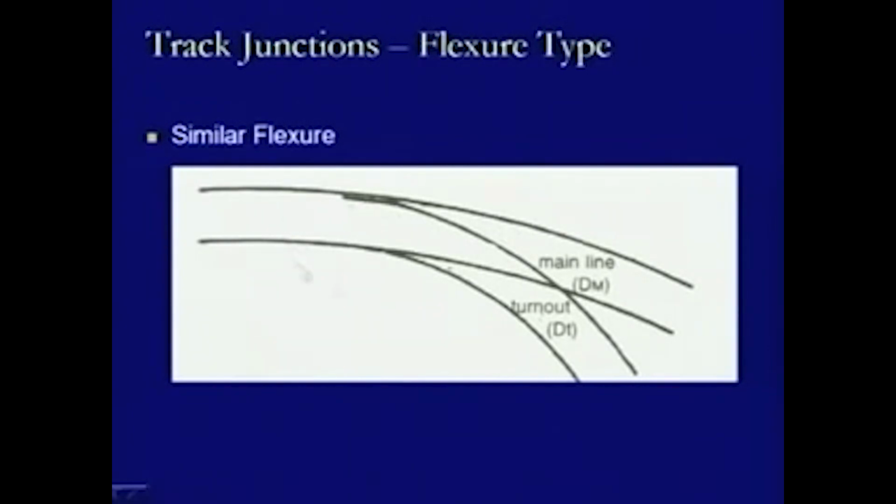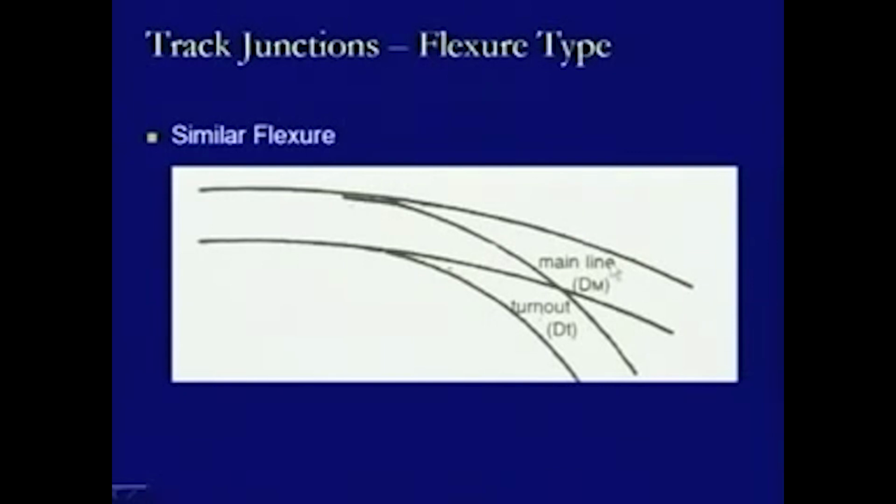So, if we look at this diagram, what we can observe is that there is one pair of points and switches being provided at this location, and there is one crossing or V or a frog being provided at this location. So, this is what will be the similar flexure turnout, and here, if we have details of this turnout, as we have seen in the case of turnout designs and their figures, we will be having a pair of wing rails at this location like this, and this location like this, and a jack rail will be provided in this location as well as in this location.